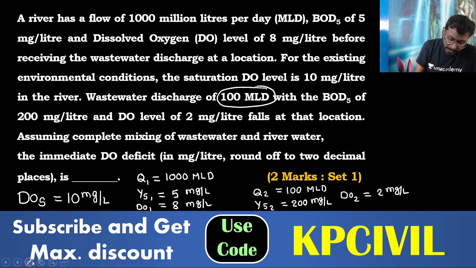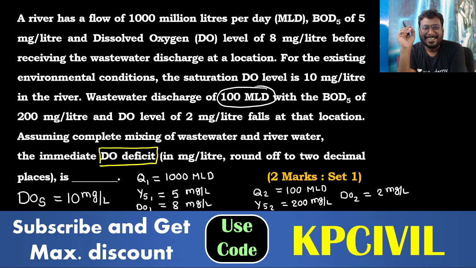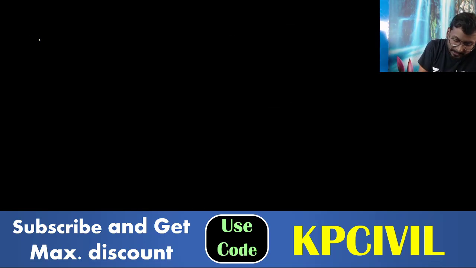What is required? Immediate DO deficit. Question is about DO deficit. Is there any use of BOD values in the question? Not required. Just to confuse you, they are giving BOD values. BOD unnecessary in the data. So we'll estimate through weighted average again, DO mix of solution.